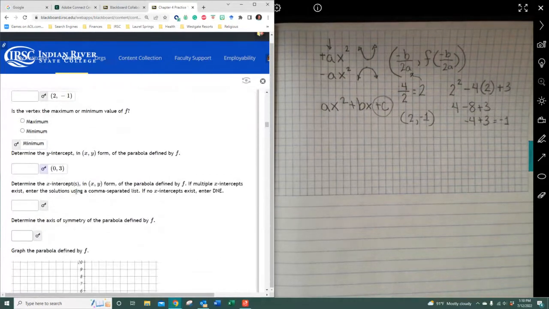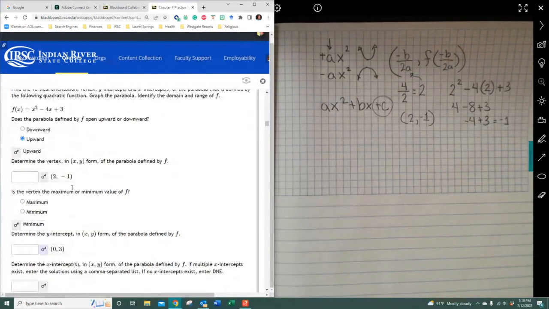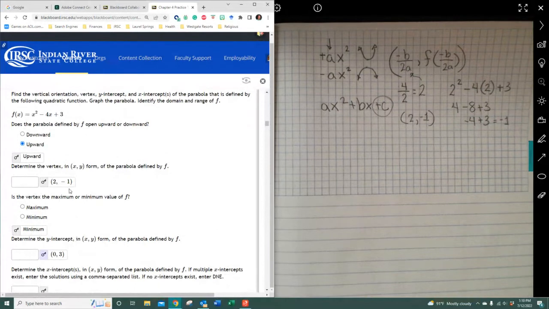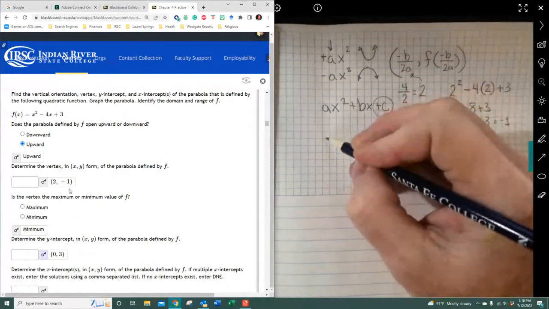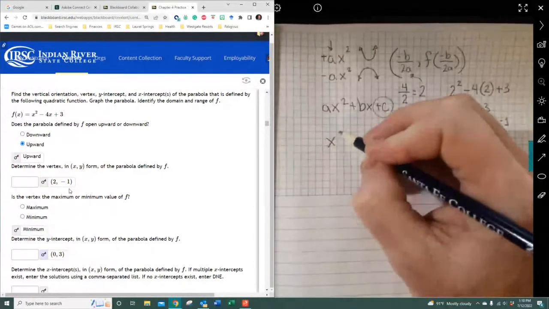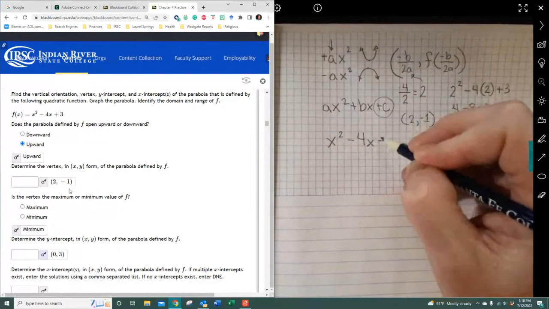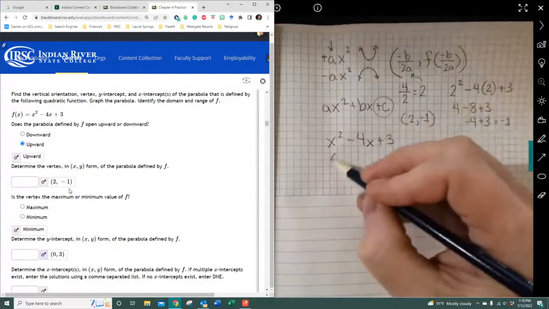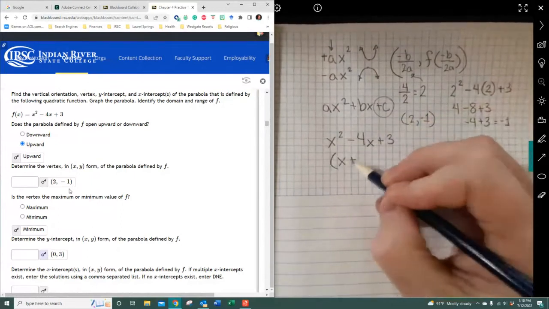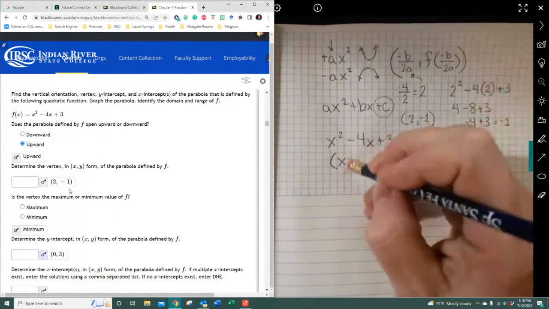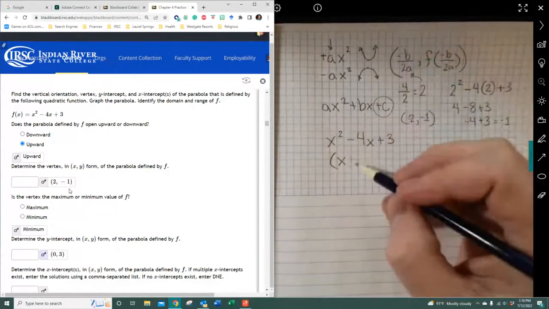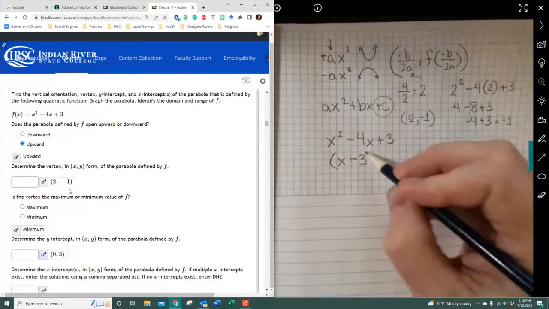Determine the x-intercepts. Now, this is a matter of going ahead and setting y equal to 0, factoring if needed, or putting it into a graphing calculator and solving it that way. Now, because this is easily factorable, I would go ahead and determine that the easiest way to do it is just by simply not using the calculator, but going ahead and saying that it's x minus 3 and x minus 1.